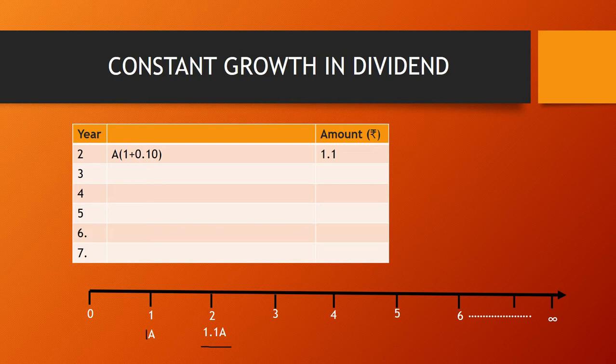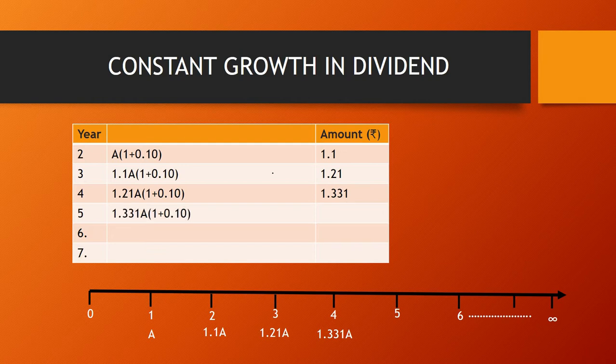In the third year, whatever I got in the second year will be increased by 10%. So 1.1a multiplied by (1 plus 0.10) comes out to be 1.21. In the fourth year, 1.21 plus 10% of 1.21, which comes out to be 1.331.